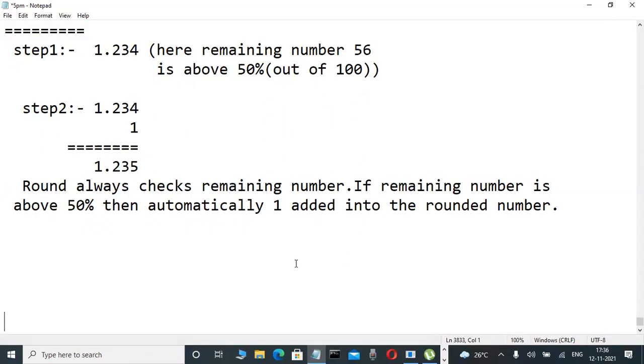Okay? Up to now this is pure mathematics only, everyone knows.